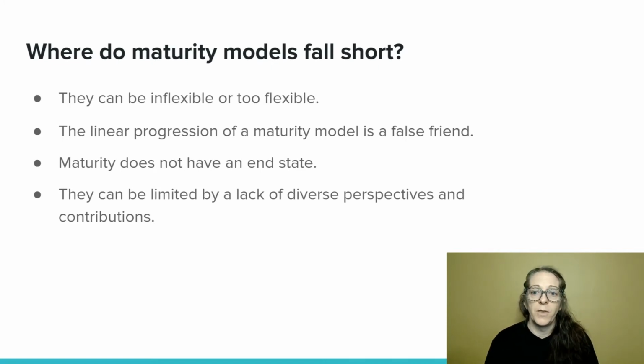Another problem with the model, especially the visual versions of it, is that it can dupe you into thinking that progression has to be linear. The truth is that some aspects of your model will mature faster than others. Some will stall, some will already feel in a mature state when you begin. I've read advice that you shouldn't move into the next level without meeting the criteria for the ones below them.